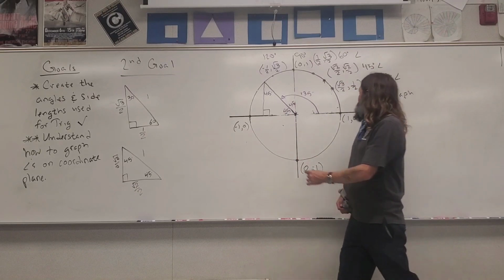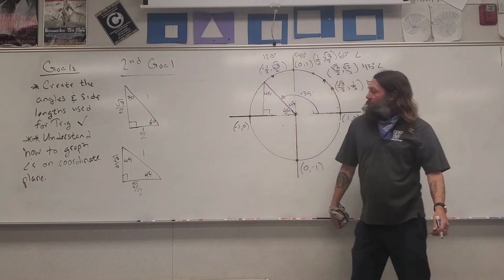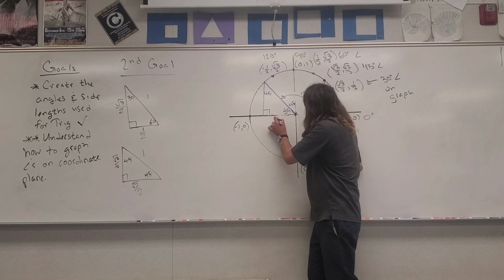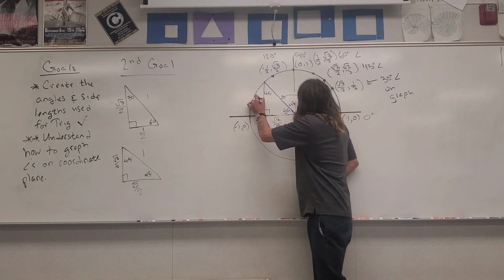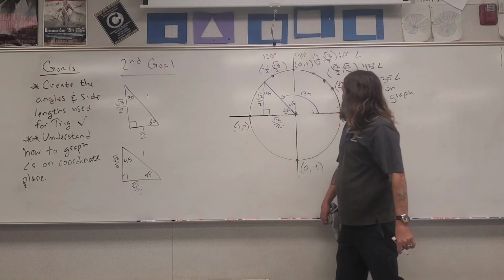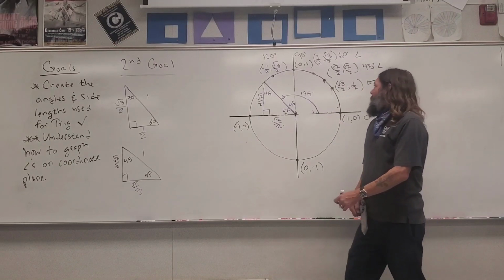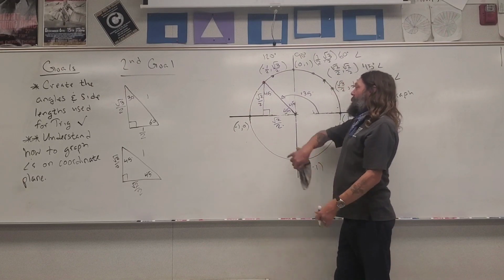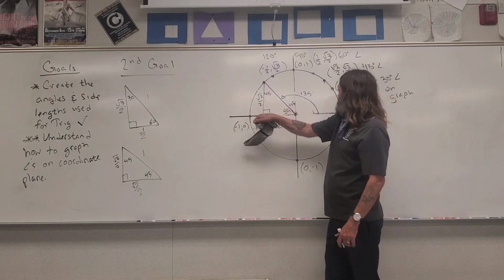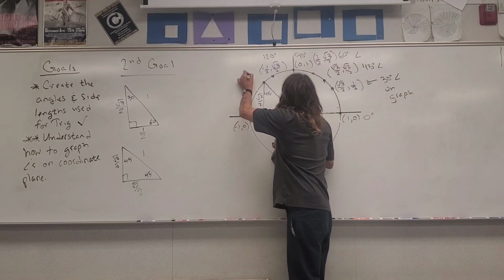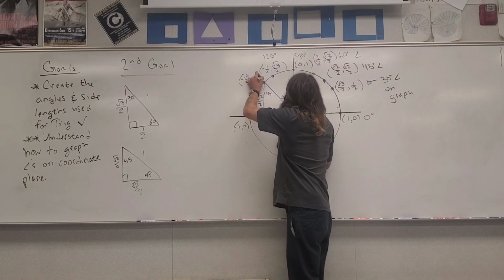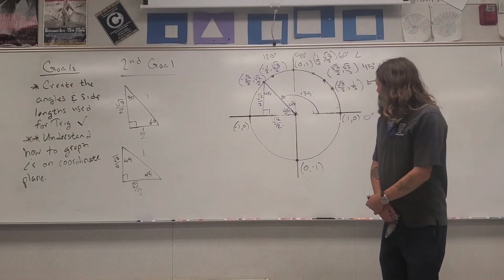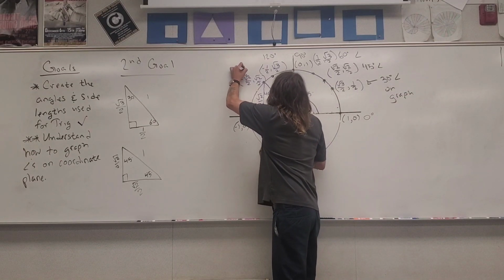And so again, I represent this 135-degree angle using the coordinates, which are the side lengths of my triangle. So this is going to be square root of 2 over 2, square root of 2 over 2. And to represent a 135-degree angle, it's going to be the ordered pair negative square root of 2 over 2, comma, square root of 2 over 2. Okay? And that's how I represent a 135-degree angle on a graph.